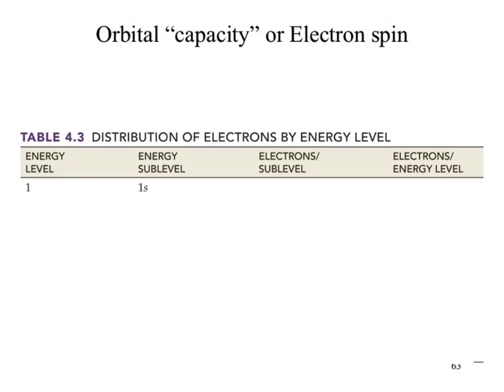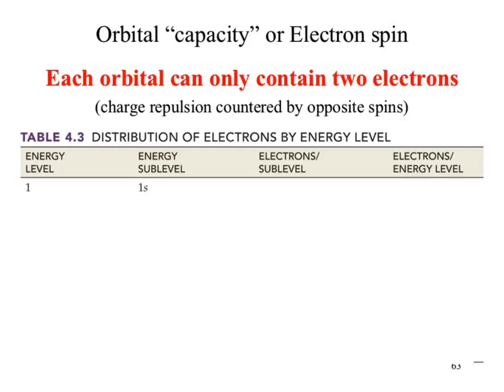So, capacity within our orbitals. This was our electron spin. Each orbital can only contain 2 electrons. So what we want to do is now go through and say, as we fill, how many electrons can we possibly get in? For that first energy level, how many electrons can fit? 2.